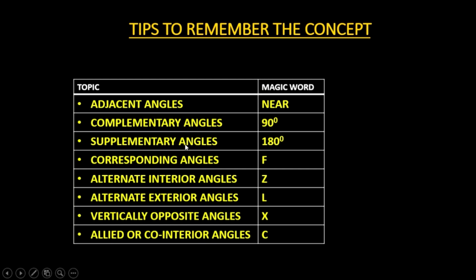Supplementary angles add up to 180 degrees, so you should remember 180 degrees. Corresponding angles, you should remember F, and alternate interior angles, you should remember Z. Alternate exterior angles, L. Vertically opposite angles, X. Allied or co-interior angles, C. All these alphabets are the shapes of the white lines.